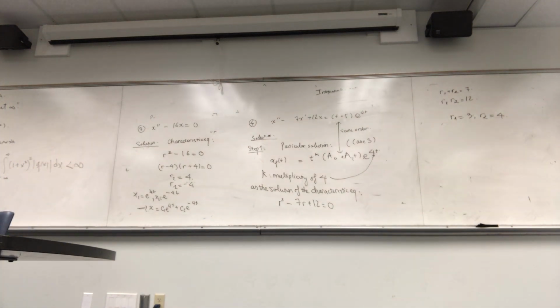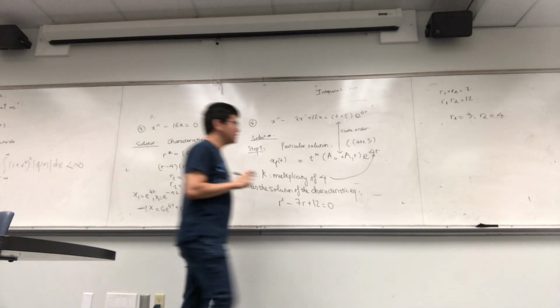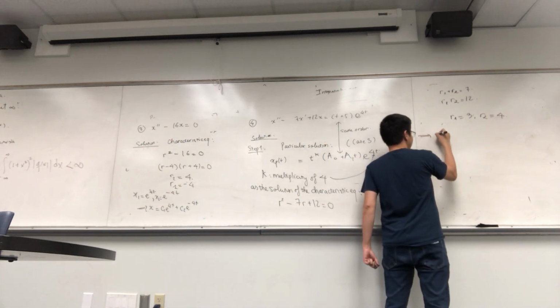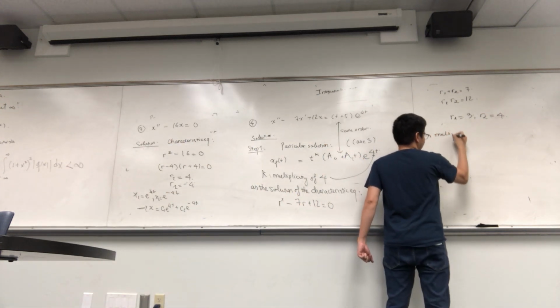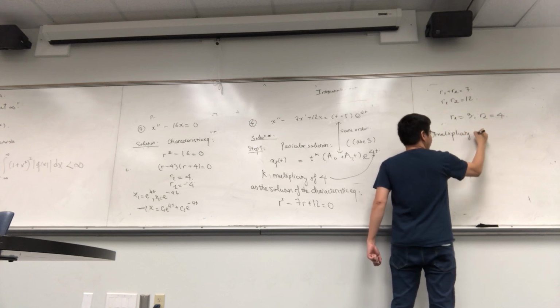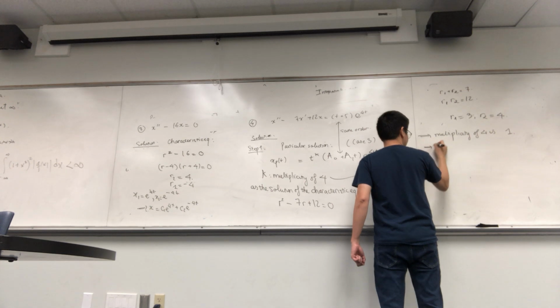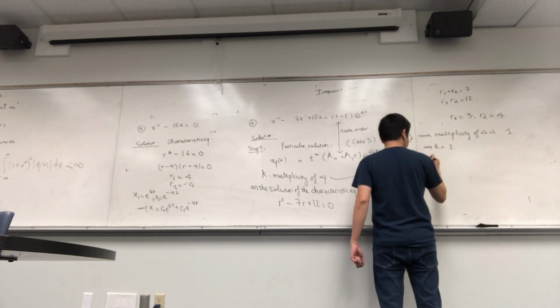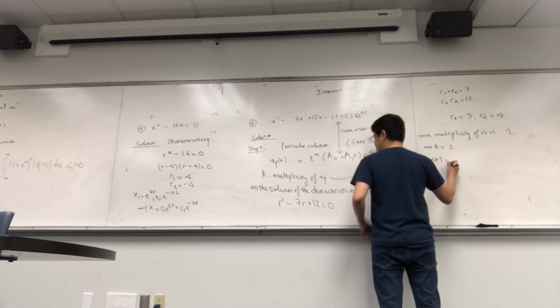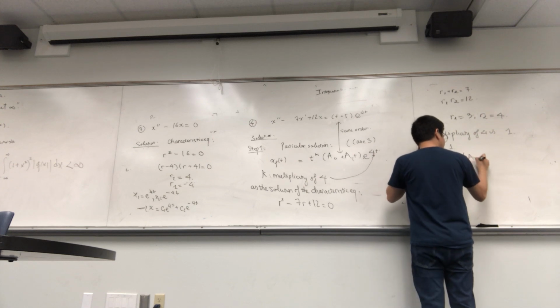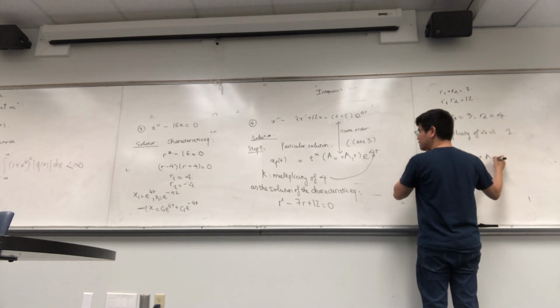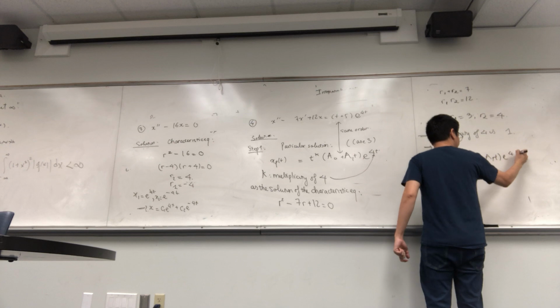What is the multiplicity of 4? Yes. 1. So the multiplicity of 4 is 1. So k is also 1. Right? So you have xp is going to be t times (a0 plus a1 t) times e to the 4t.